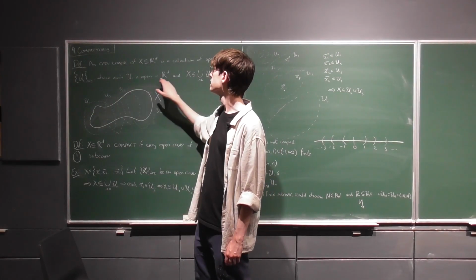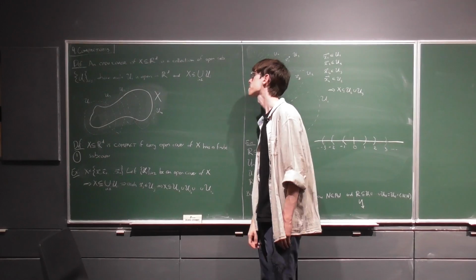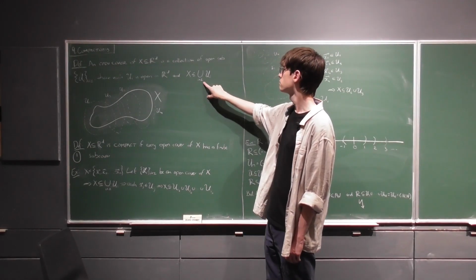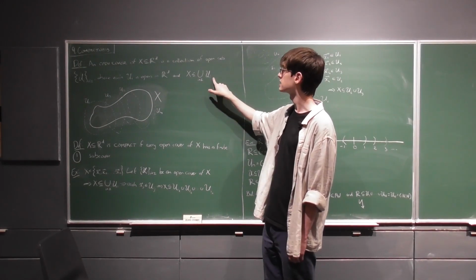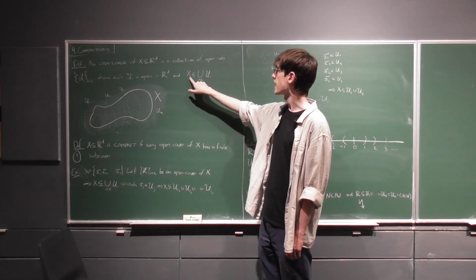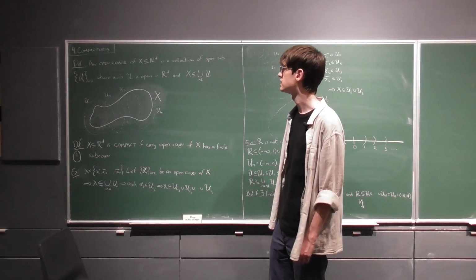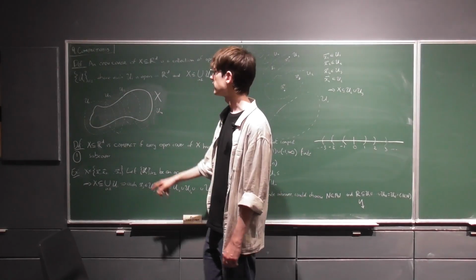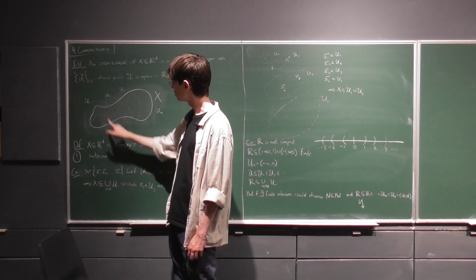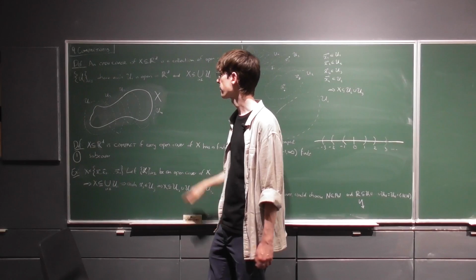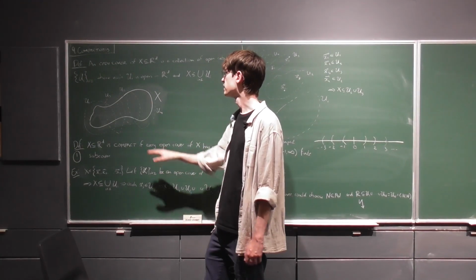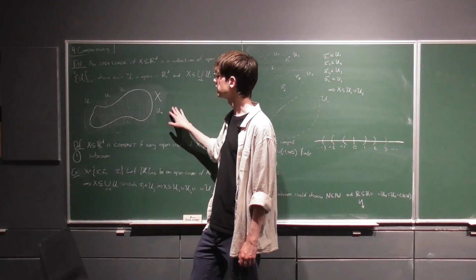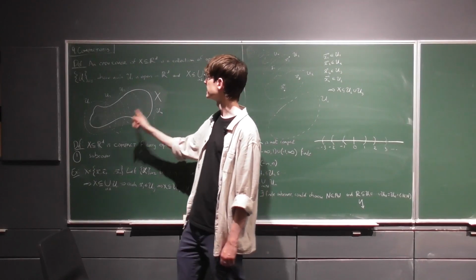So each of these U_i is open in R^d, and when we take the union over every i in the indexing set, that X will be contained in the union of all these sets. So if X is just this blob here, we can take U1, U2, U3, and U4. They all overlap here, they're all open in R^d, and X is contained in their union.